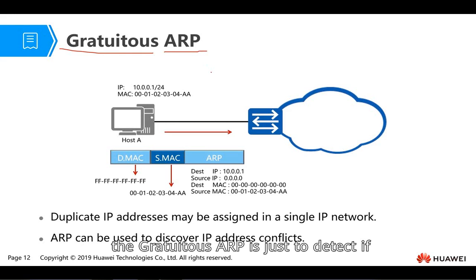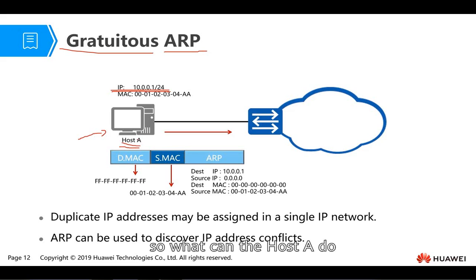The purpose of gratuitous ARP is just to detect if there is an IP address collision. That means another device uses the same IP address in this network. For example, this host has configured this IP address, but host A does not know if another device has also configured this IP address. That means there is an IP address collision.